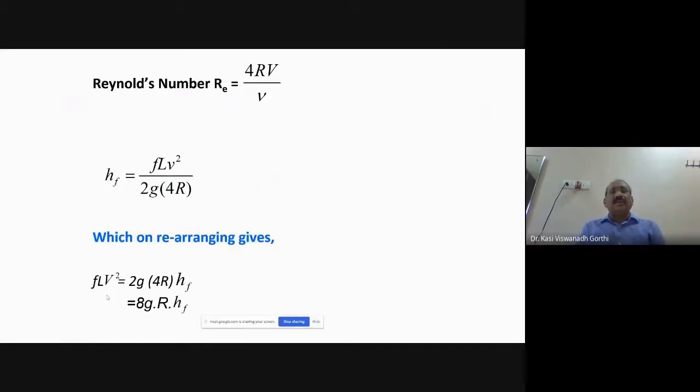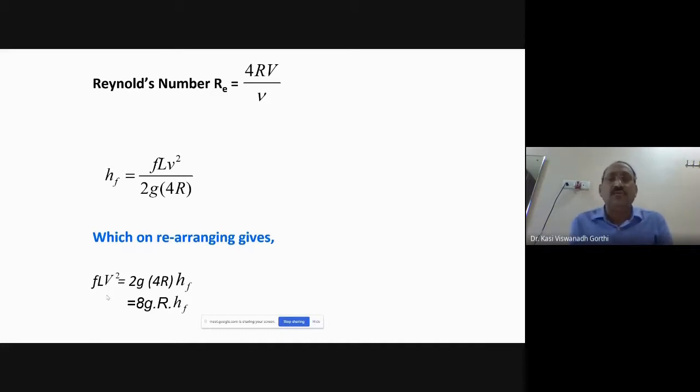Take the Reynolds number, it will be Vd by nu, or rho Vd by mu, which you must have studied in your fluid mechanics. The Reynolds number Re would be equal to rho Vd by mu. Rho is the mass density, and mu in the denominator is the viscosity. So mu by rho is the kinematic viscosity nu.